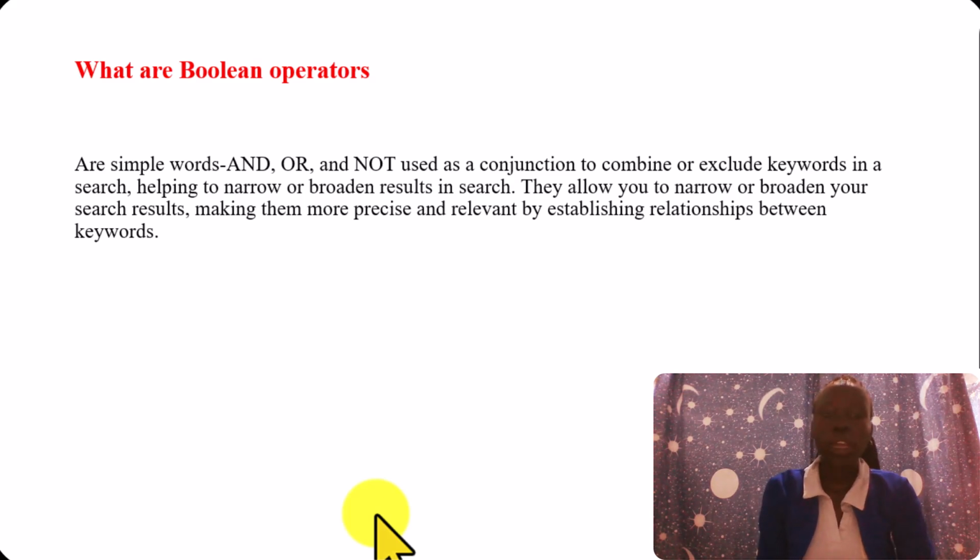They help you narrow or even broaden your search results, making them precise and relevant by establishing relationships between the keywords. That's why I said we have the AND, the OR, and the NOT.